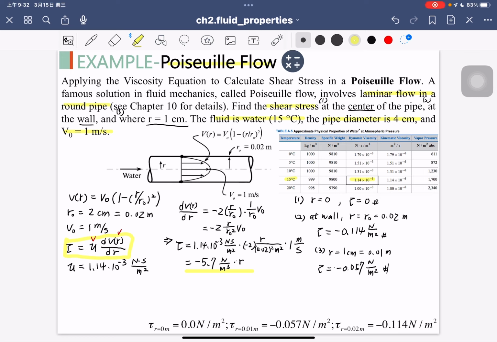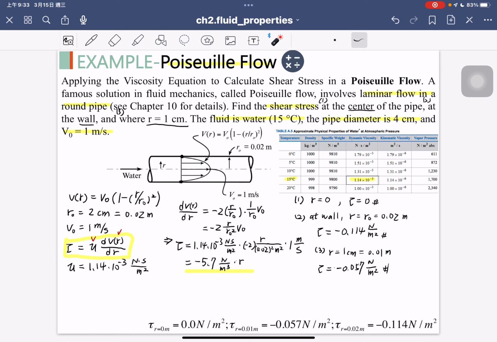But the shear stress also corresponds to the viscosity property. So if you don't know what kind of fluid you have, you cannot understand how large the viscosity is. So in our case, we actually know the fluid is water, and at certain conditions. So we can check from the table for the viscosity properties.